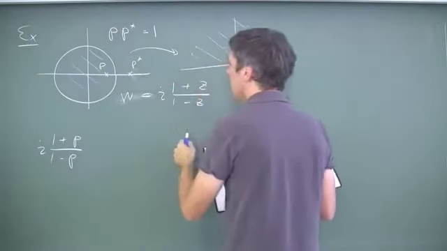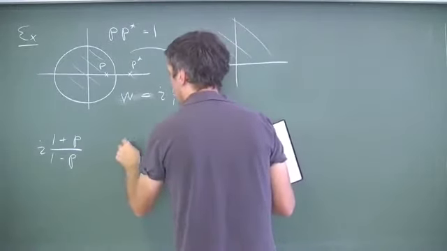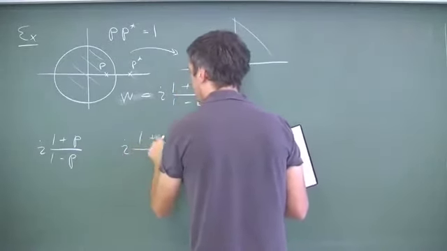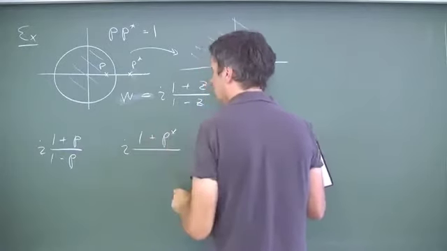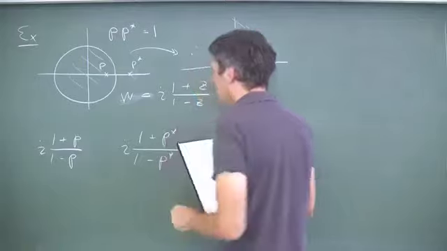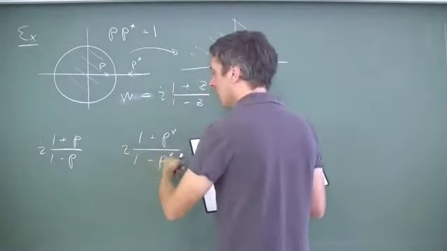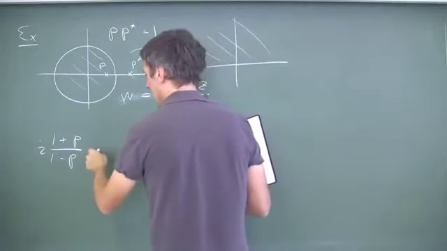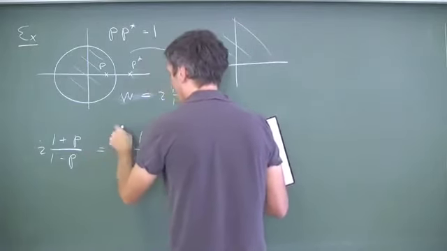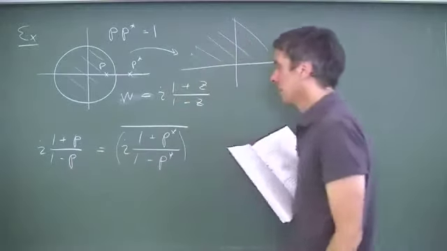And if you take the image of P star, then you get I times (1 plus P star) divided by (1 minus P star). And then these numbers should be each other's complex conjugates here now. So if you take the complex conjugate of this, it should be equal to that.